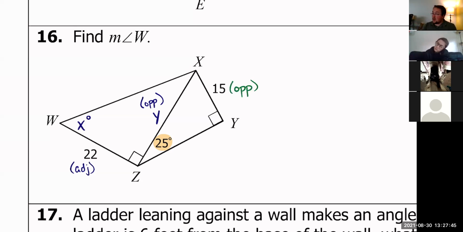And I'm looking for y, which is actually what in this second right-hand triangle? It's across from the 90-degree angle, which means it's the hypotenuse. Yep. So y right now is the hypotenuse in this smaller right triangle.